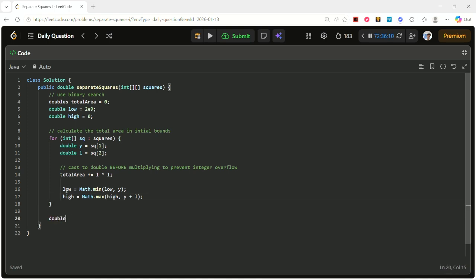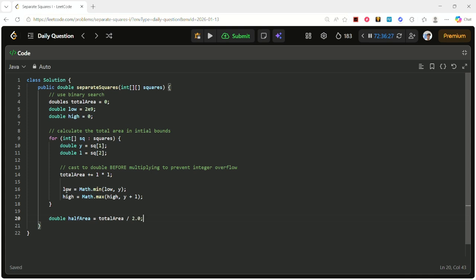Now we have the target area. Double half area is equal to total area divided by 2, since we want a horizontal line such that the area below the line is equal to half of the total area.